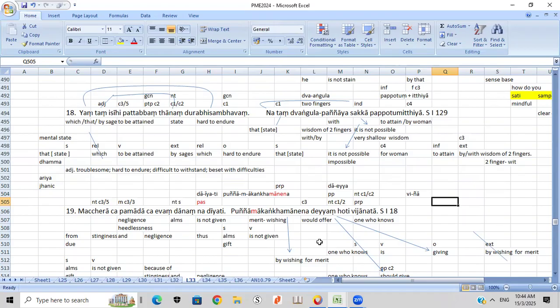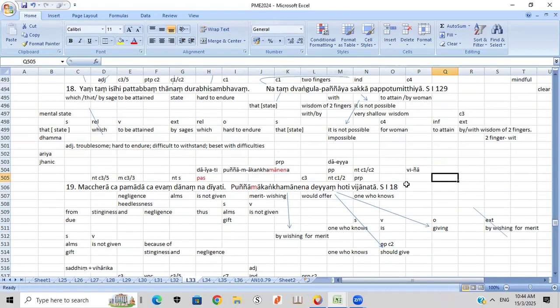Can you see here? The object of this particular line, we don't get an object directly. So we will assume that this becomes an object. Here, PRP, can you see? So we think the object is giving. In this case, we cannot find it in here.